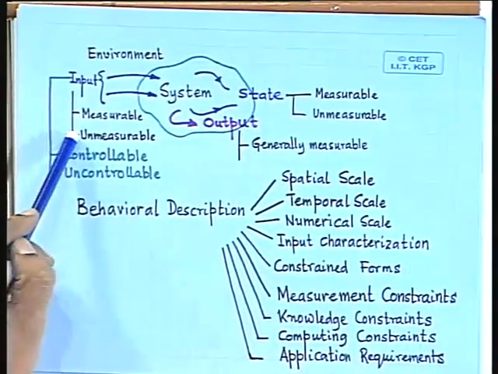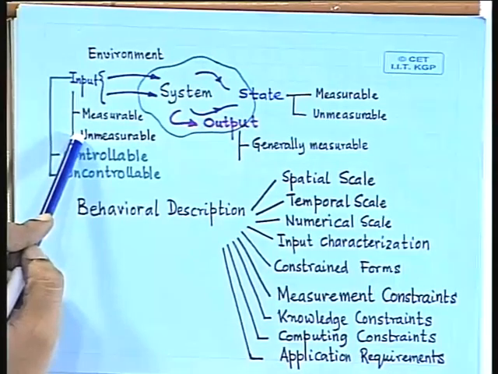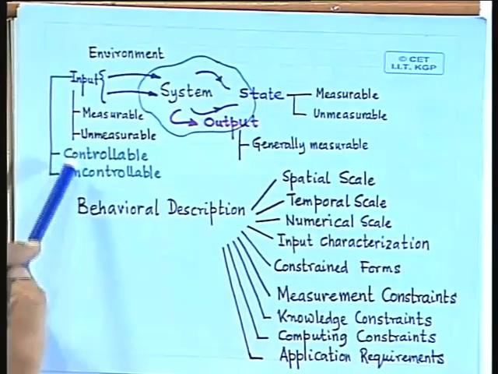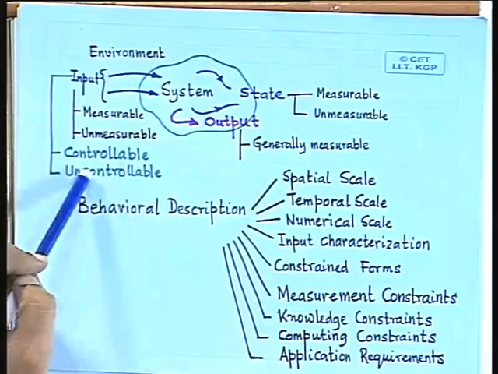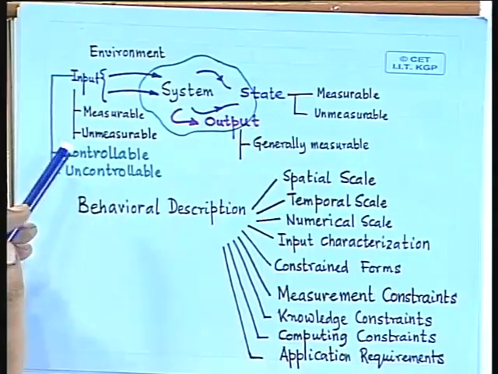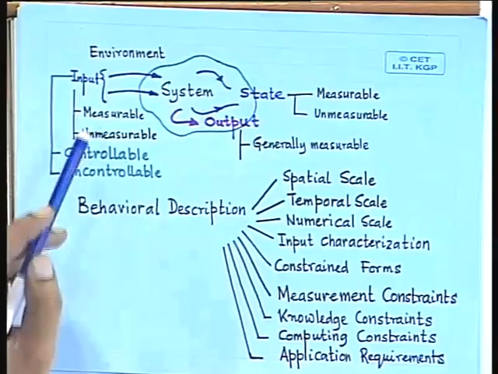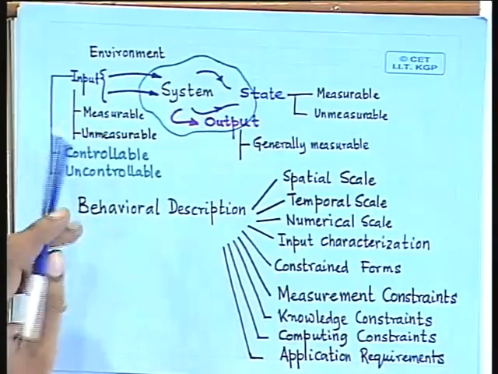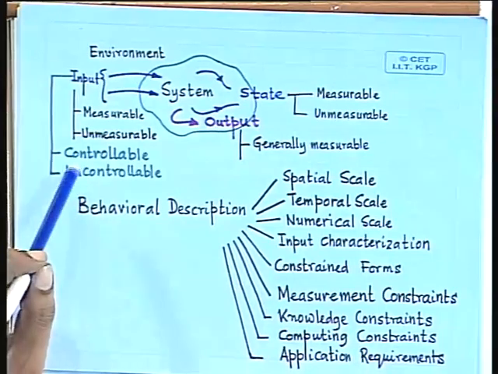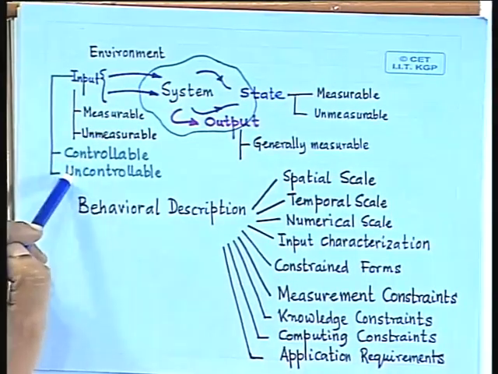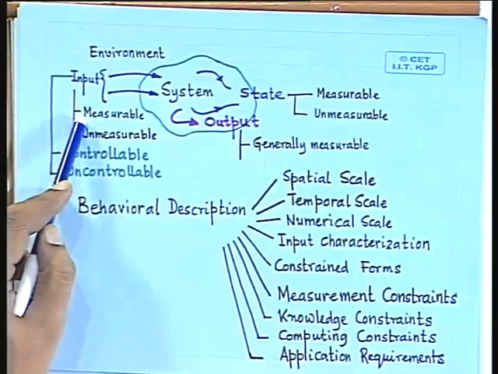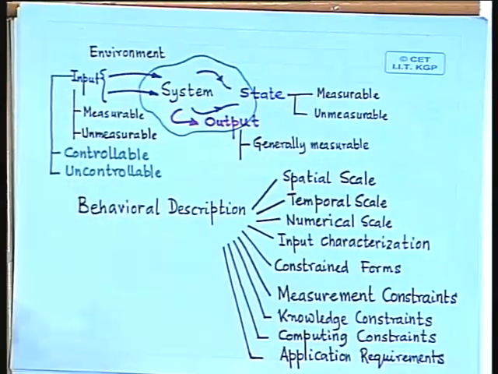So it may be measurable or unmeasurable, and not only that, it may be controllable or uncontrollable, and it can happen in any combination. In general, if something has to be controllable, it should be measurable. It is unlikely that something which is unmeasurable can be controlled, but something which is uncontrollable can be either measurable or unmeasurable. For example, a disturbance in a system may be measurable or unmeasurable, depending on whether you are willing to measure it.